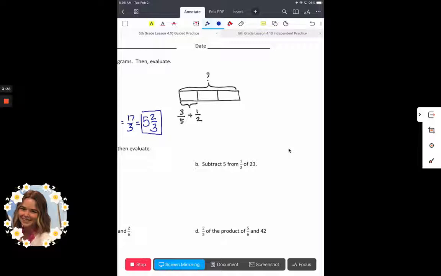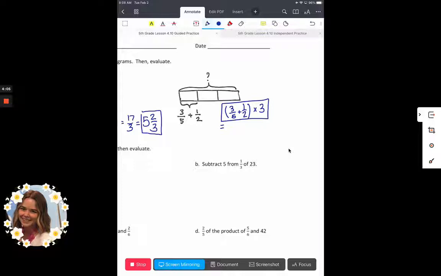Since that's something that we know, we're going to put that in parentheses: 3/5 plus 1/2. And since each one of those 3 pieces is equal to that 3/5 plus 1/2, we're going to multiply the whole thing times 3. So I'm going to draw a box around it, since that's my expression.